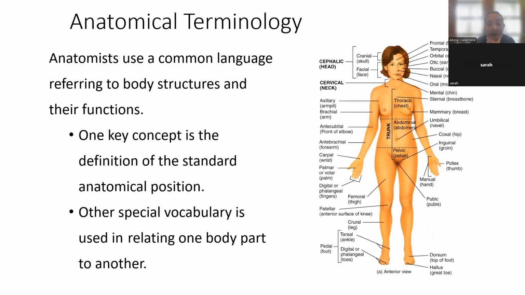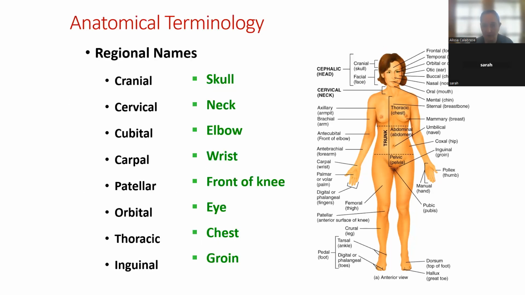All right. And then we've got a lot of regional terminology. I'm not going to go through every single one of these terms, but this is a good place to make flashcards. If you're not familiar with any of these anatomical terms, now's the time to learn them. If I'm referring to the carpal, you should know I'm referring to the wrist. Here are examples of some of the important ones.